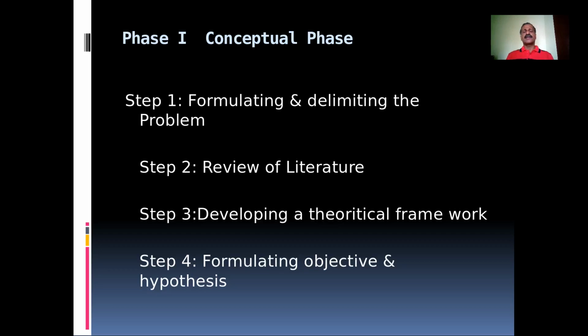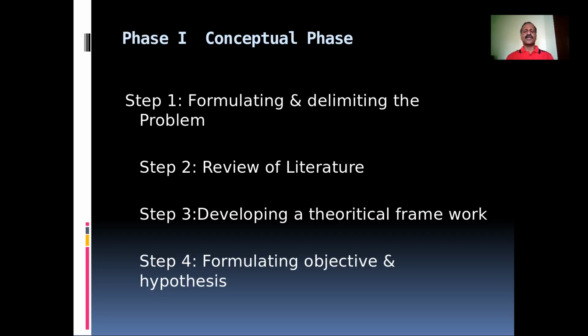This theory will help us in identifying the variables, how we have to proceed, what methodology should be utilized for our study, etc. Because as a science, we always need theoretical support. Then only will it become a science.